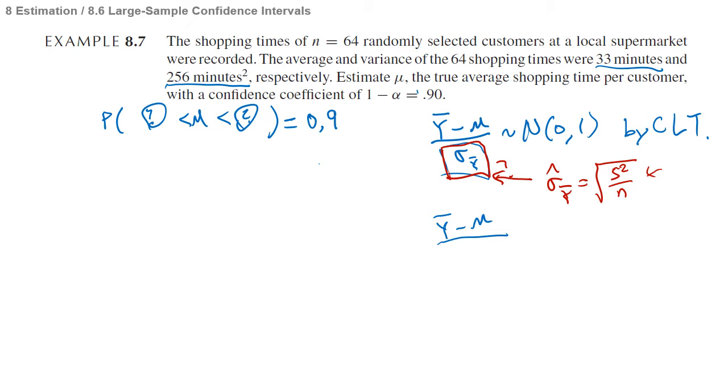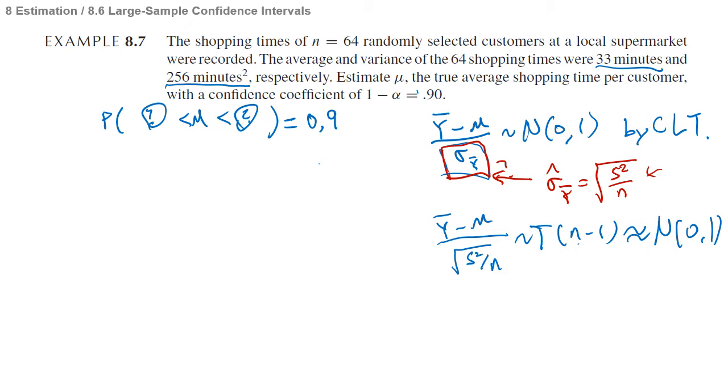That's what we learned. So if we replace this with s square divided by n, this thing follows a t distribution with n minus 1 degrees of freedom. And for the t distribution, if n goes large, it can be approximated by the normal distribution, normal 0, 1.